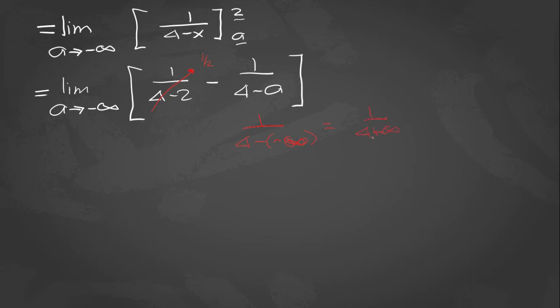Now, adding to an infinity is still an infinity, thus 1 over infinity, and 1 divided by infinity is equal to 0. Thus, this term will become 0. Now, the integral is equal to 1/2. Thus, it is convergent.